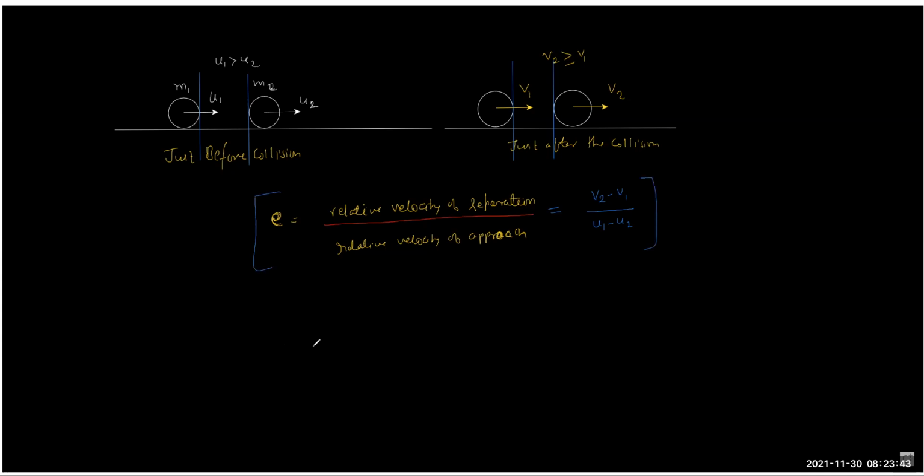Okay. So let's say we have two bodies which are again identical bodies. Let's draw the situation first. It is quite possible that these two, before and after, may have velocities like this.